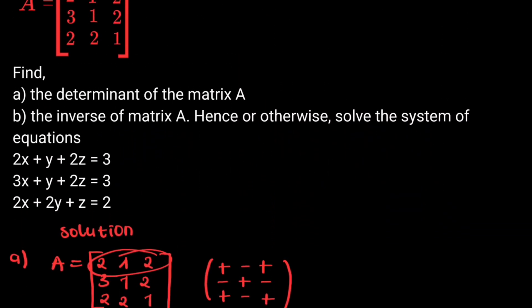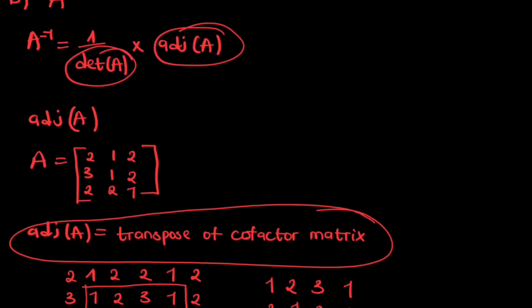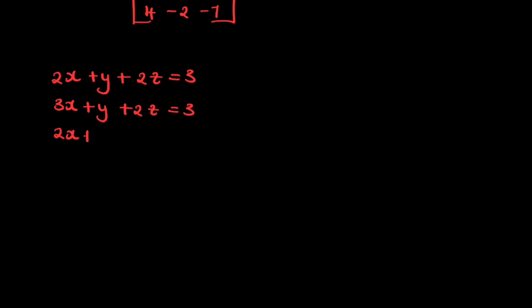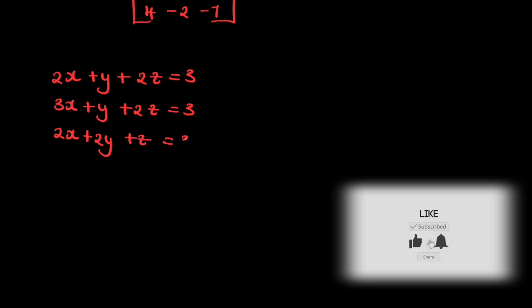It says hence or otherwise solve the system of equations. So let me write back the system of equations. We have 2x plus y plus 2z equal to 3, 3x plus y plus 2z equal to 3, and 2x plus 2y plus z equal to 2.